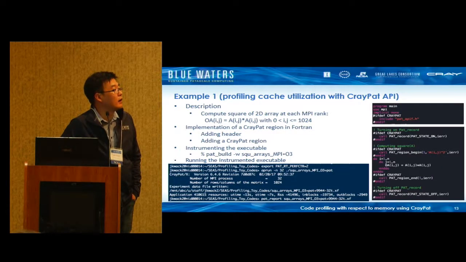One thing quick, if you haven't used the pat_report tools, JaeHyuk has shown a good example here. Immediately once he gets the .xf file, he immediately runs pat_report to get the .ap2 file. It's really best, even if you're not going to look at the profiling data right away, to run pat_report right then, because the xf file is tied specifically to the executable that you built.